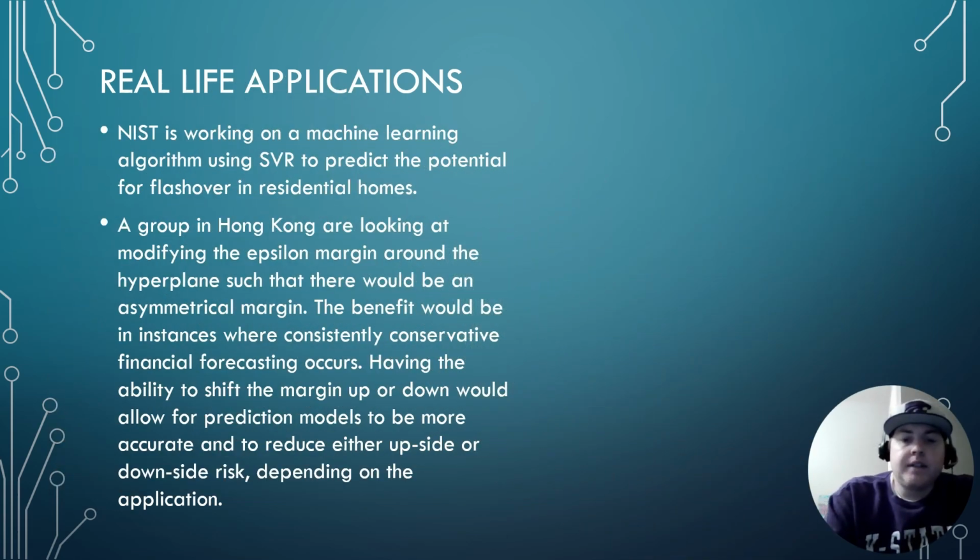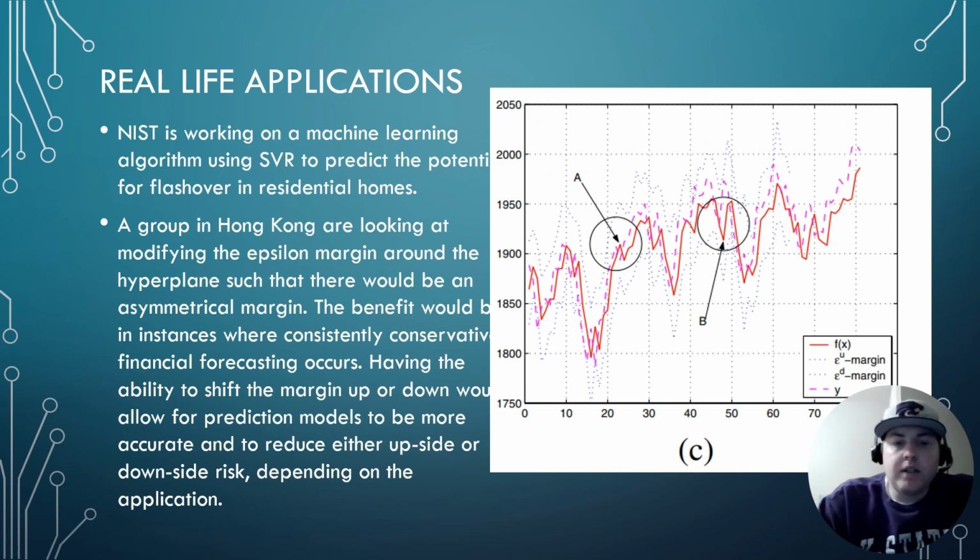Another example is a group in Hong Kong that is looking at modifying and adjusting the epsilon margin around the hyperplane to create an asymmetrical margin. What we looked at, the plus minus epsilon were equal, and the hyperplane was centered within our epsilon tube.